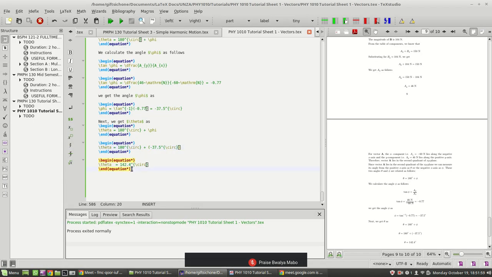There. So therefore, we conclude vector A makes an angle theta equal to 142.5 degrees from the positive x-axis in an anti-clockwise direction.